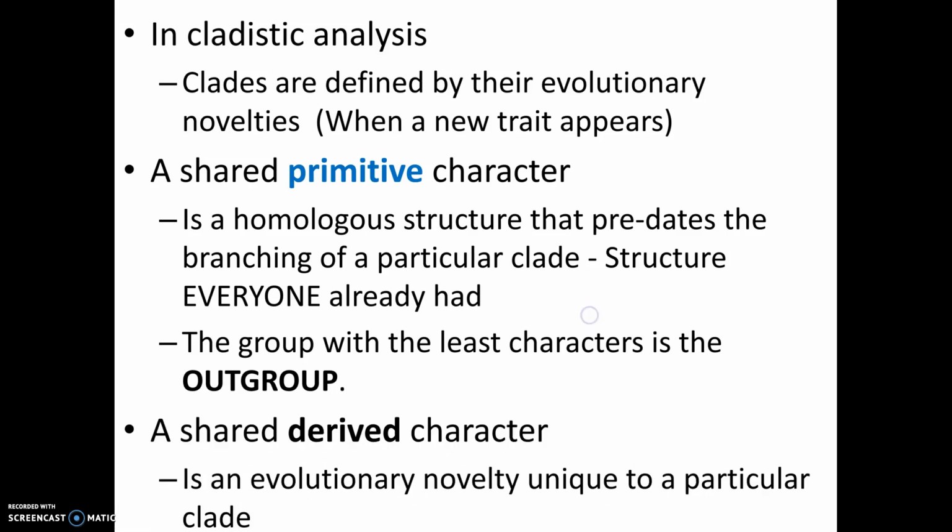That's the one that basically has the least number of characteristics. A lot of times, that one doesn't have any of the characteristics that are in the cladogram. It's sort of the ancestor to everybody. And then a derived character, so a primitive character is something everybody shares, and a derived character is a characteristic that is unique and new to a particular clade.